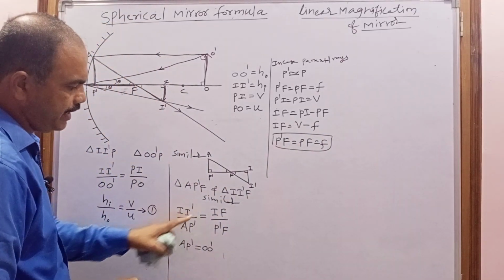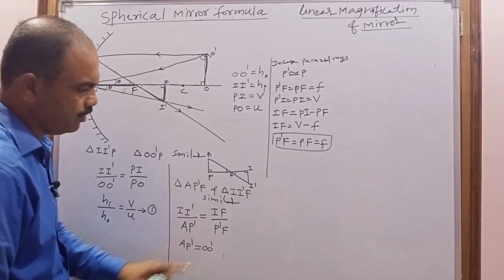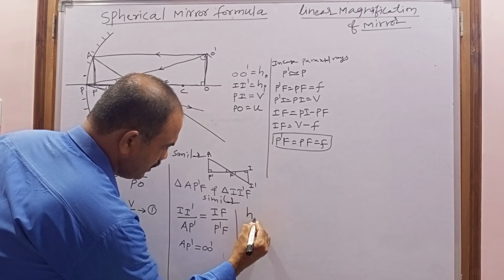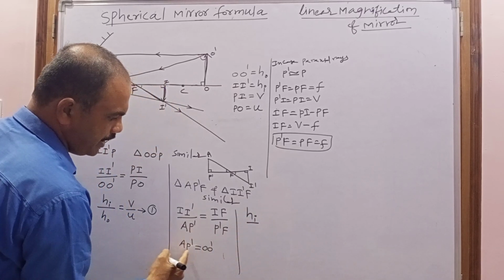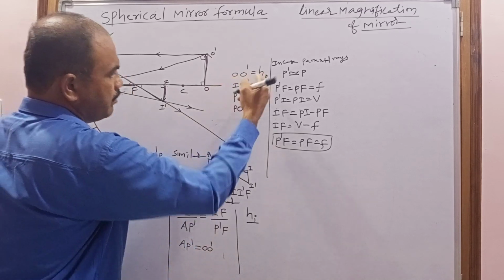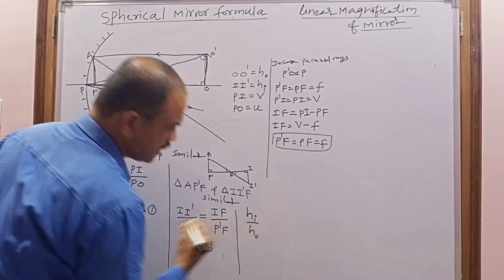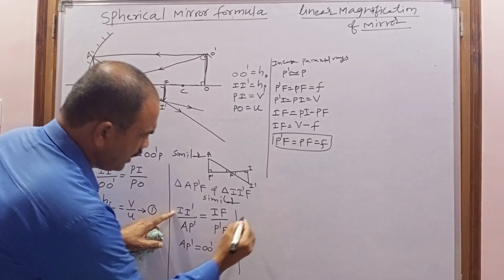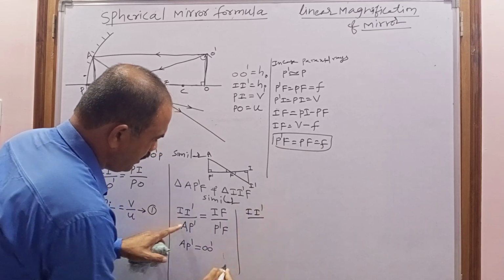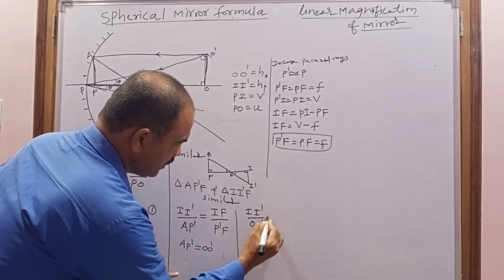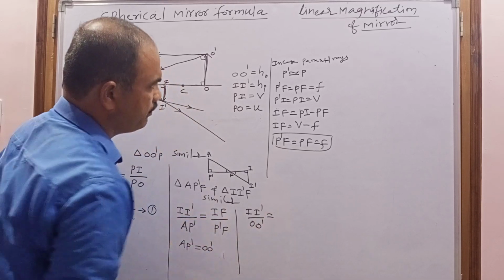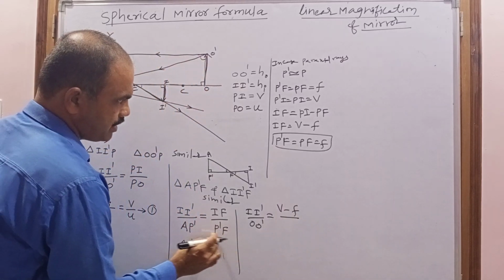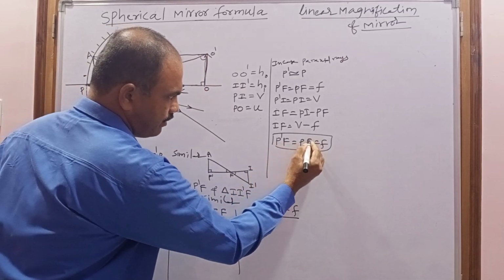Now substitute here: I dash, and AP dash is nothing but OO dash. So I dash is nothing but the height of the image, and AP dash, which is OO dash, is nothing but the height of the object. So substituting, IF means V minus F, divided by P dash F, and P dash F is nothing but PF.